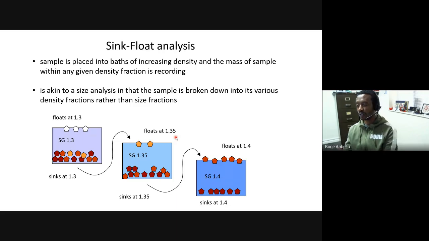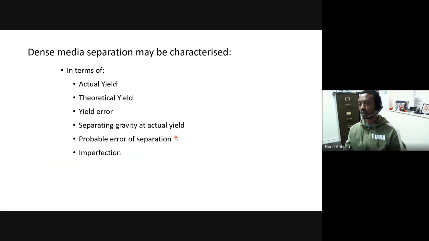The more you do this, you can decide where to stop based on your target recovery and the quality of product you also require.